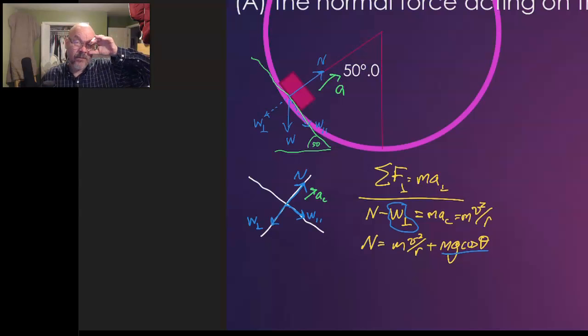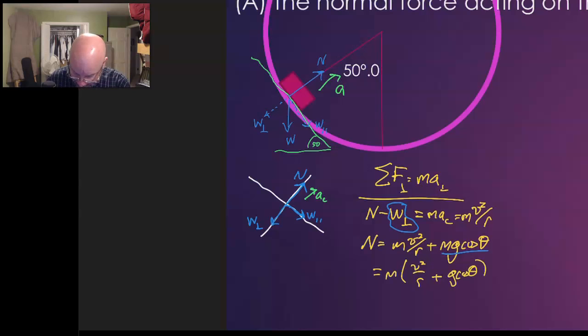So if you need to go back and review about objects on an incline and how we split those up with parallel and perpendicular, probably a good idea to go ahead and do that. Okay, so I'm going to hold off on plugging in numbers. I'm going to do some more algebra here. Let's call this m times v squared over r plus g cosine theta.